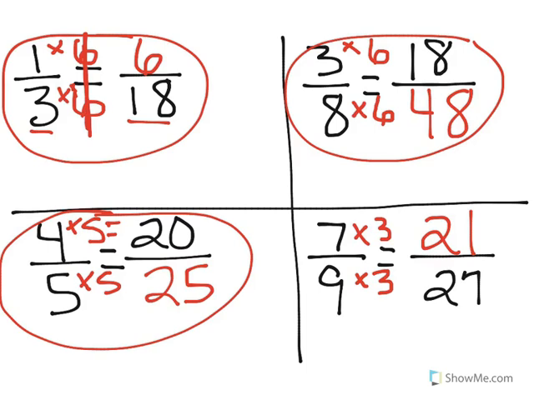It's my way of marking that yes, it's equivalent, because I basically multiplied by one whole. On the top right, these are also equivalent to one whole. On the bottom left, I multiplied both by 5, so 5/5 is equivalent to one whole. And on the bottom right, I multiplied by 3/3, which is the same as one whole.